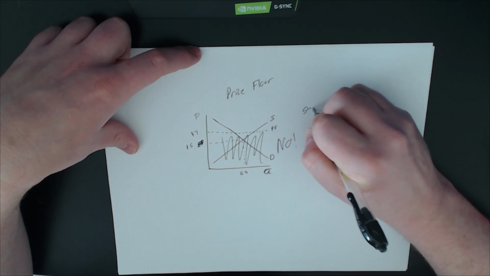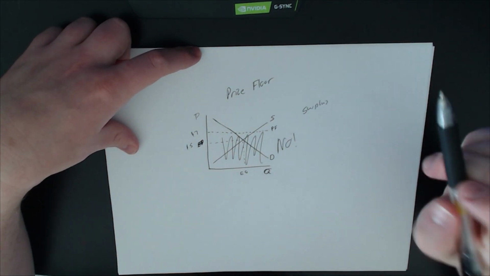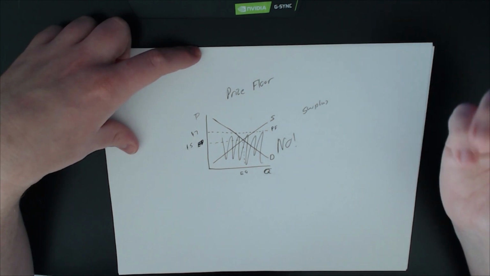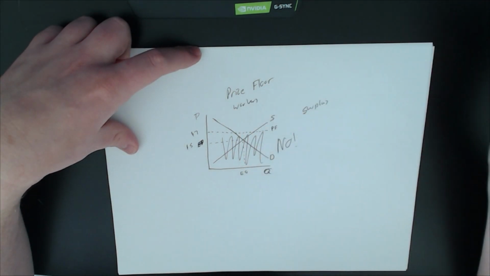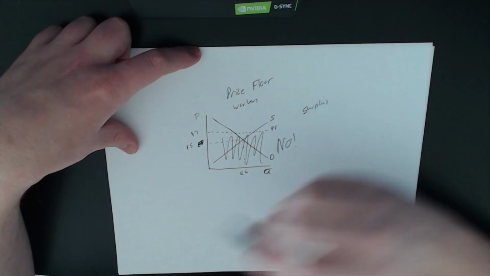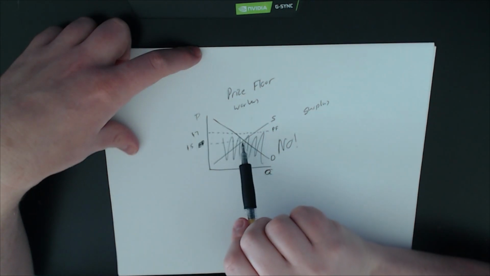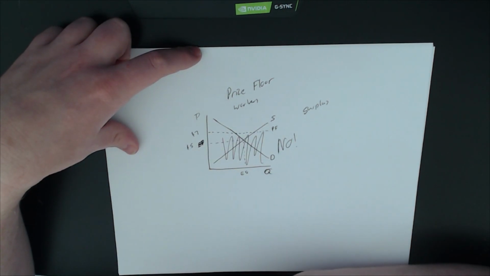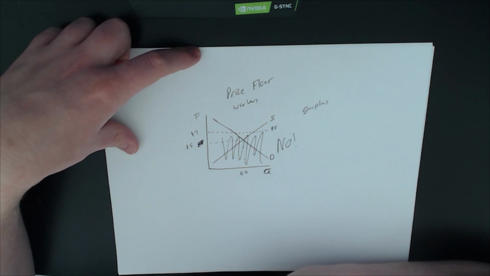I have now created a surplus. All right. So if we're talking about workers, for example, let's just say workers. Congratulations, I now have a surplus of workers, workers that are not able to get a job because I am not allowed to pay them less. Pretty much how it goes in a nutshell.